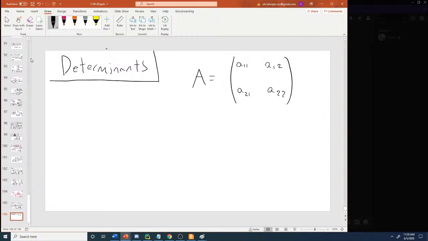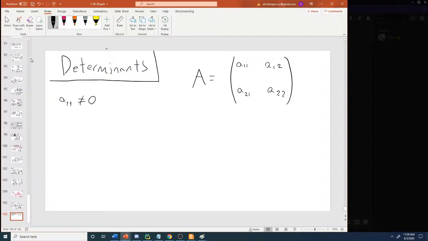Let's try to do the Gaussian row reduction process, but let's do it abstractly, just using these variables. So let's maybe make a simple assumption to begin with, which is that A11 is not equal to 0.